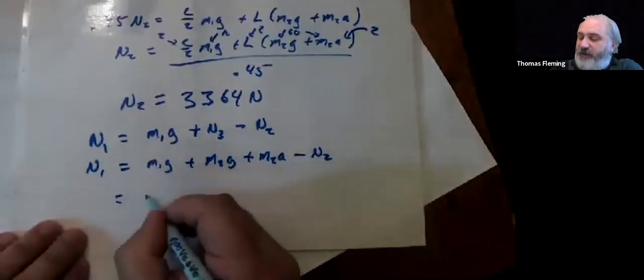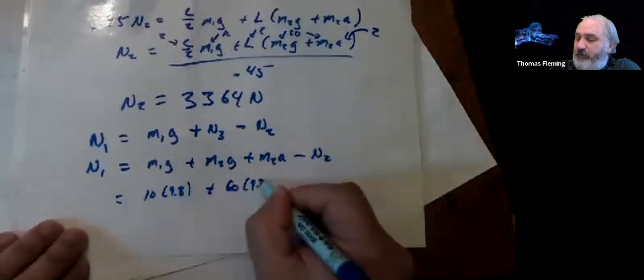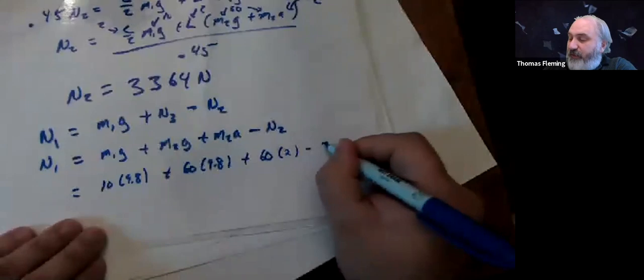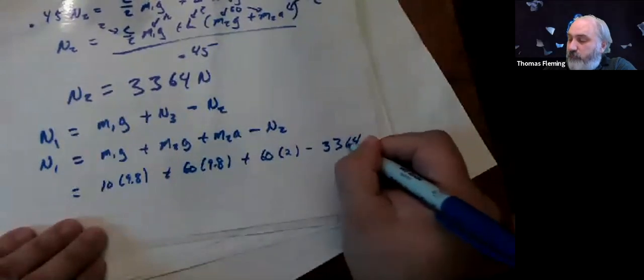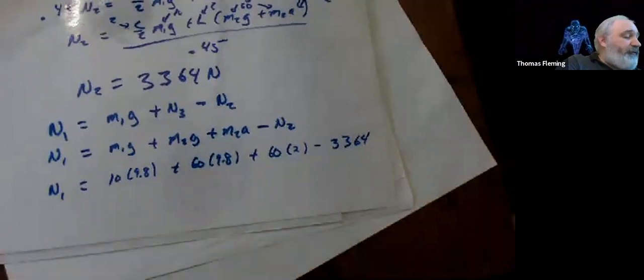So M1 was 10, so it's 10 times 9.8 plus 60 times 9.8 plus 60 times 2 minus 3,364. And when I go to crunch those numbers, I end up getting negative 2,558.